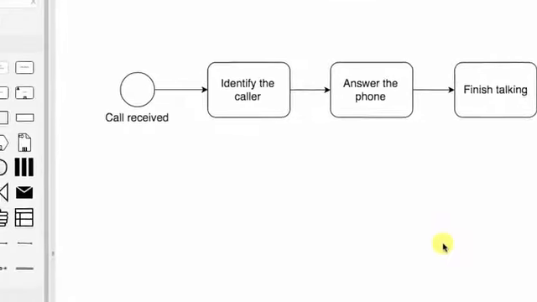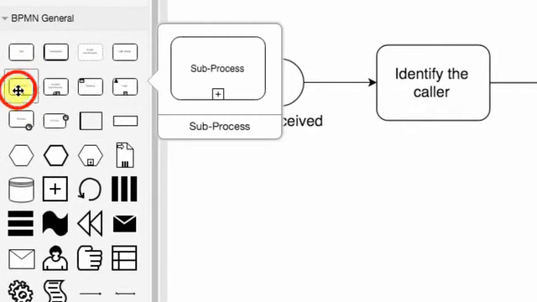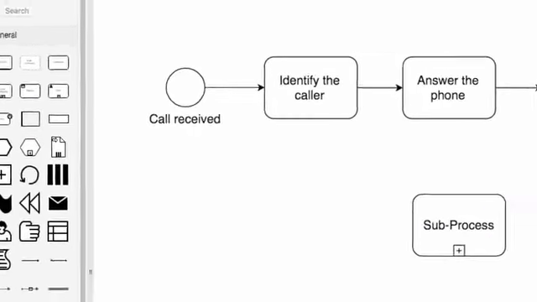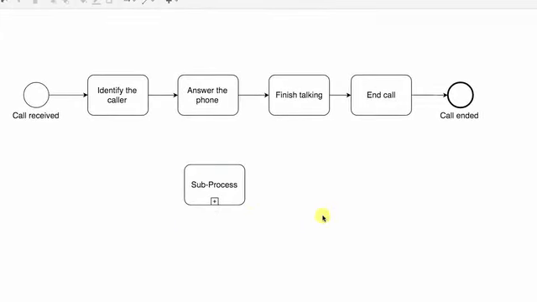Fortunately, there is a solution, and it's called a sub-process. So all you need to do is drag this element here. This is the element for sub-process. Now you just have to name it. So now when you put this element of a sub-process onto your business process model, you will have to put only 1 BPMN element instead of 6 in our example, or however many your original sub-process has.